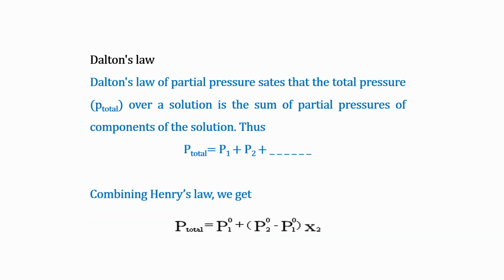And Dalton's law, next comes Dalton's law. This is another high school, pre-university syllabus topic. Dalton's law of partial pressure states that the total pressure over a solution is the sum of the partial pressures of the components of the solution.